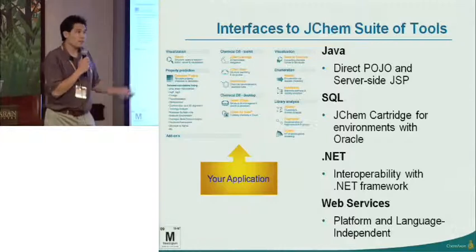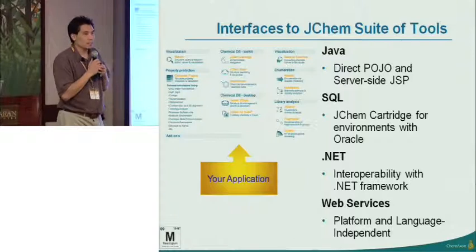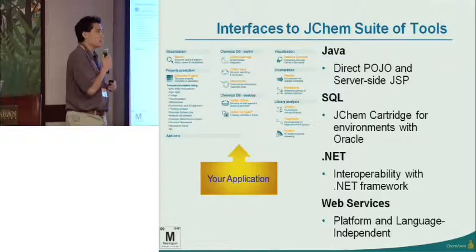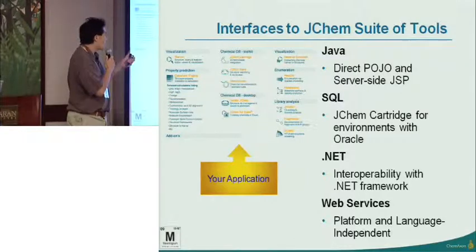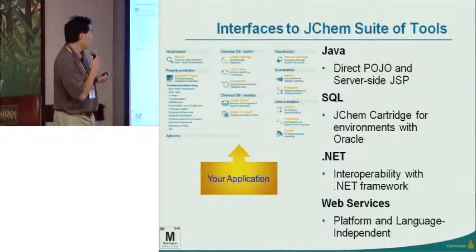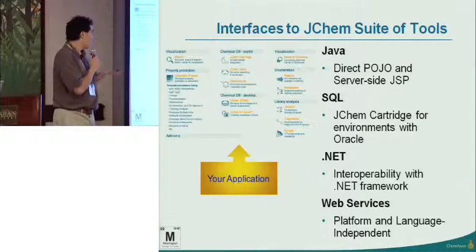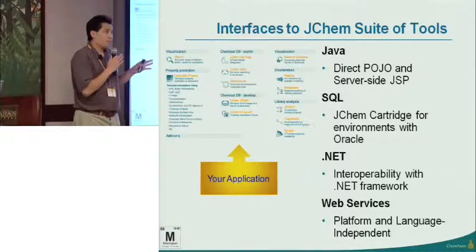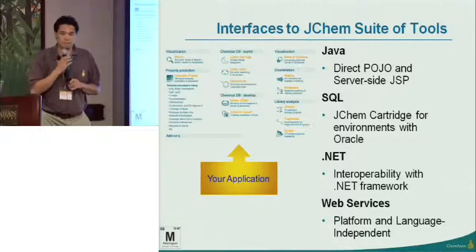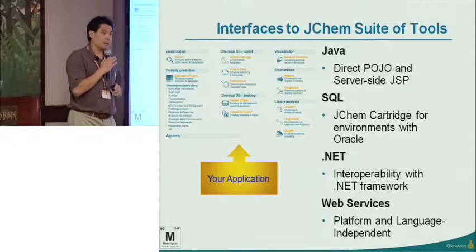Of course, Java, direct plain old Java objects. Those are going to be directly accessible. But also you can use a SQL language through the Cartridge. This is especially good for environments that use Oracle, of course. The .NET, we have a new .NET interface that works really, really well.